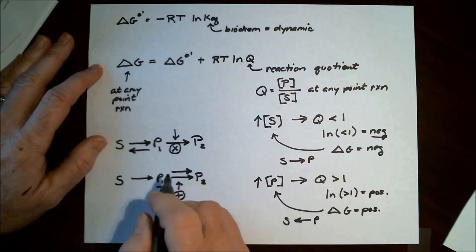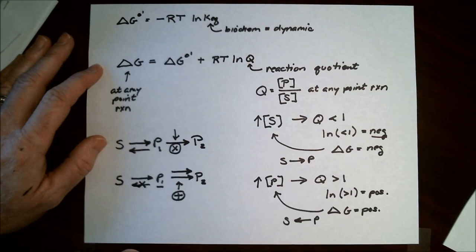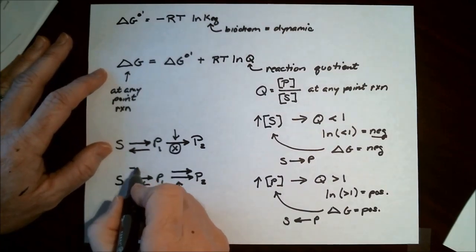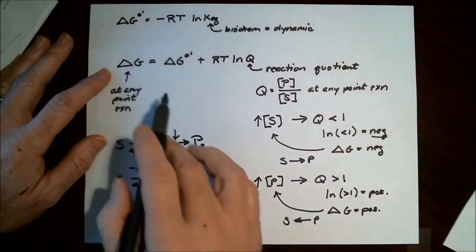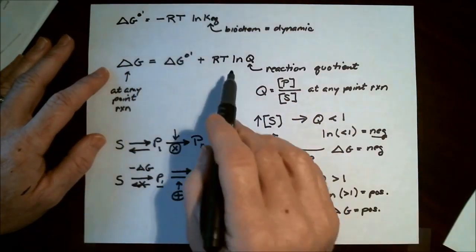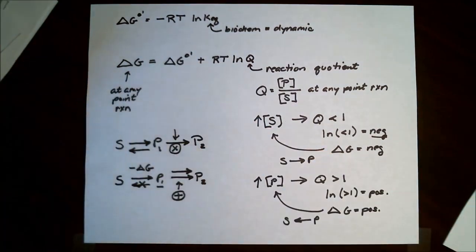Decreasing P1 is going to essentially prevent the reverse reaction, because this will drive this reaction to ensure a negative delta G. So this equation needs to be studied, and the relationship between substrate and product needs to be incorporated and studied in this reaction, because this will become a very large factor as we look at metabolic pathways and their regulation and control.